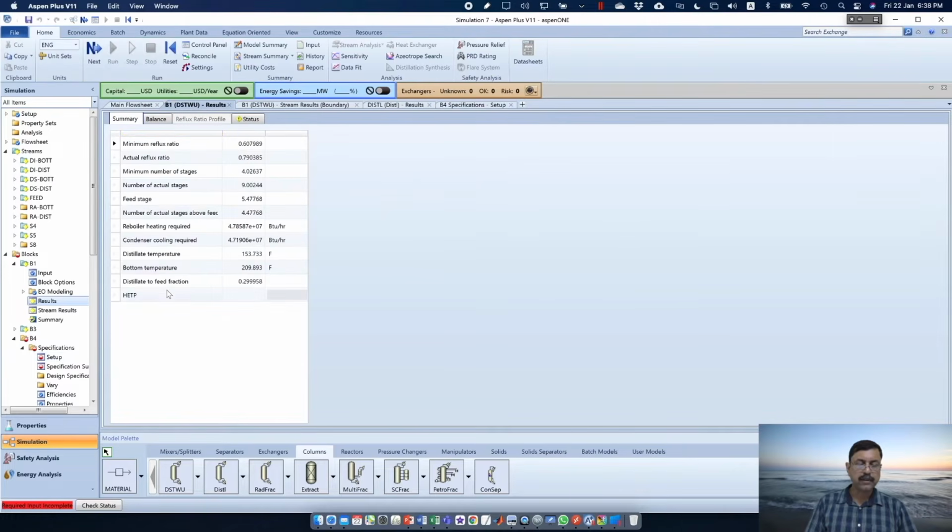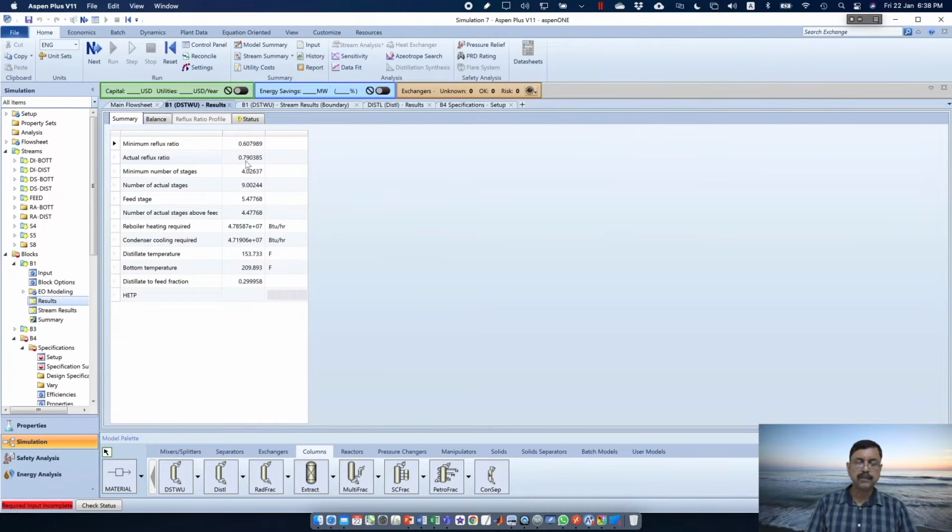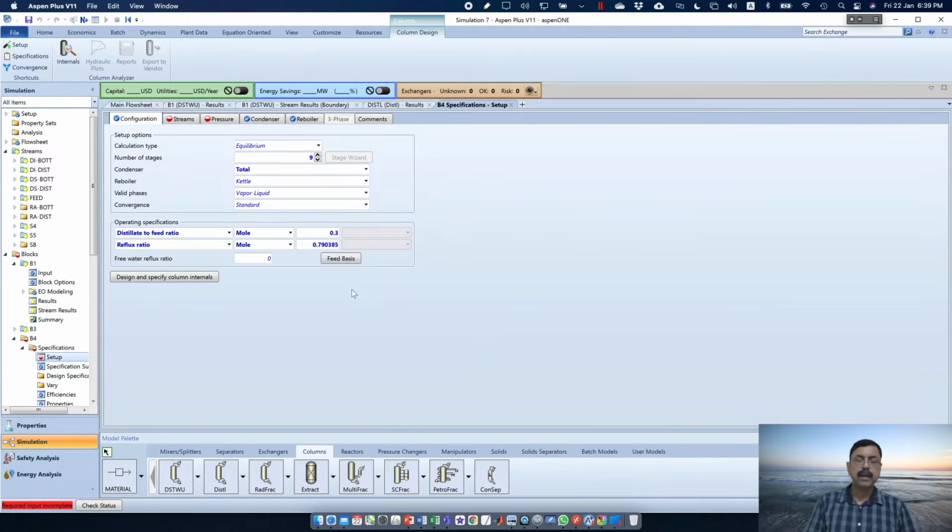So distillate to feed fraction is 0.3. So we will use this information over here, 0.3. And reflux ratio, that also we know, it is 0.790385. So here, all the information that we have got from shortcut distillation. So shortcut distillation block is very useful for giving you the first approximation of this. We can fine tune it later.